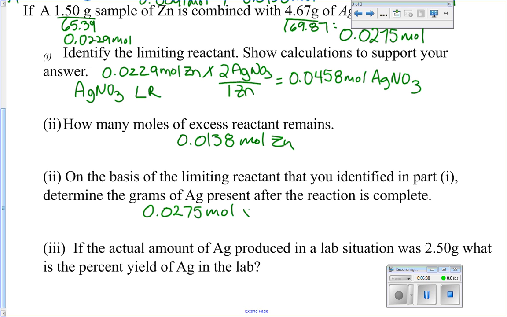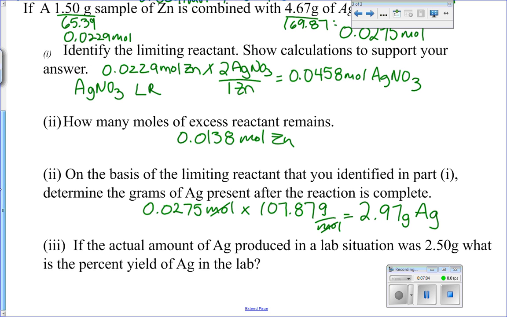So all I have to do now is multiply that by silver's molar mass, this is my grams per mole, and the result is 2.97 grams of silver. So that is my theoretical yield, because all this is math, it's on paper.